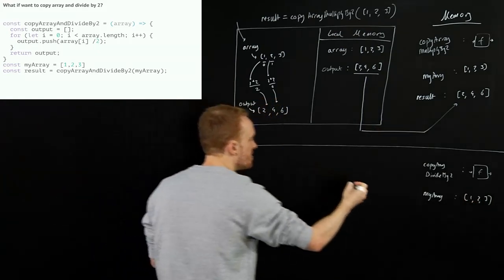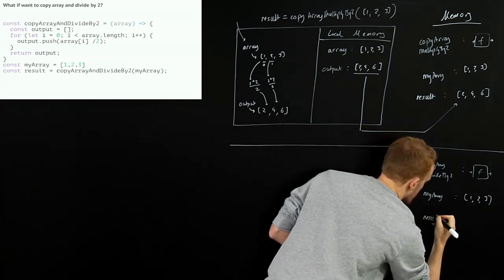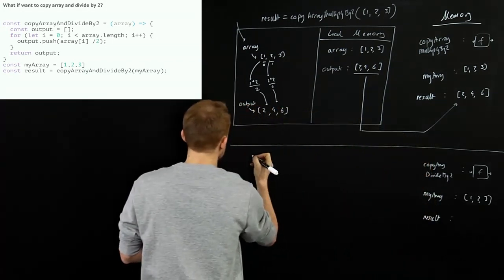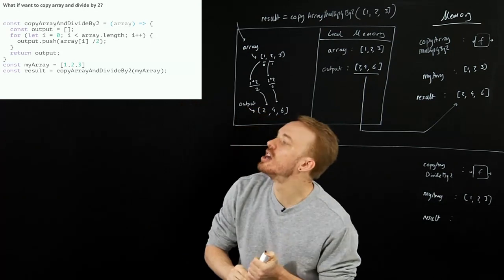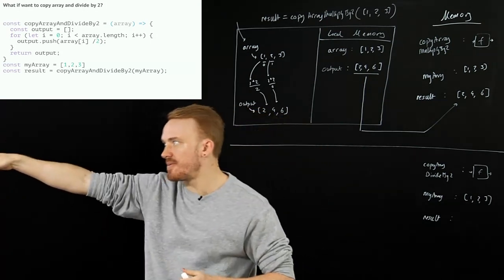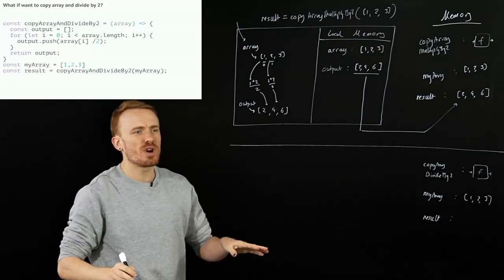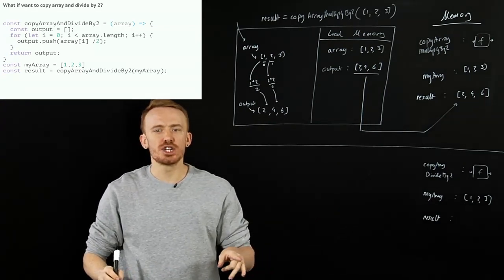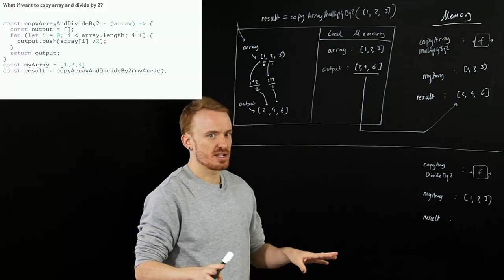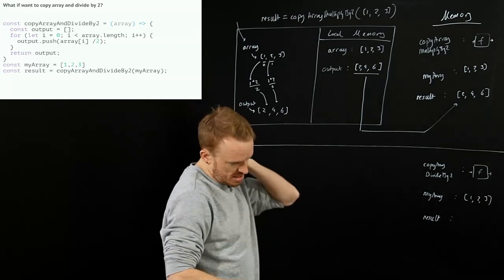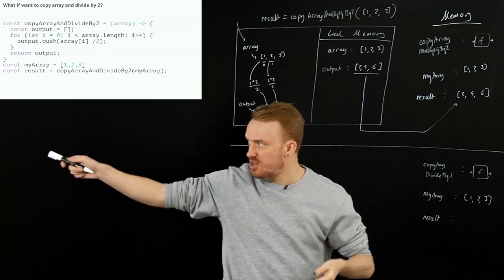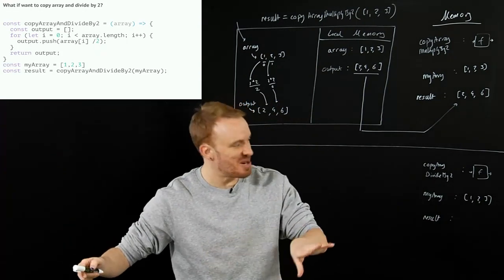Next line, Sam. You declare copy, or you invoke copy array and divide by. Right, but the left-hand side first. Yeah, declare result, exactly. And it's what right now? Uninitialized. Yeah, we don't yet know what to store in it. But we do have an idea what to do to figure out what to store in it.